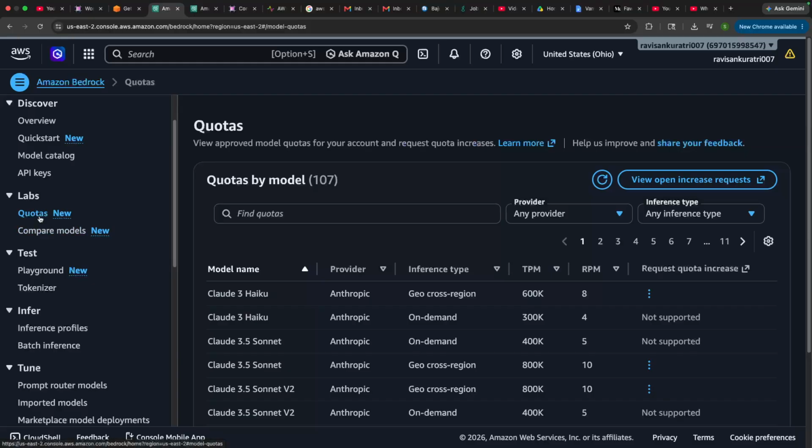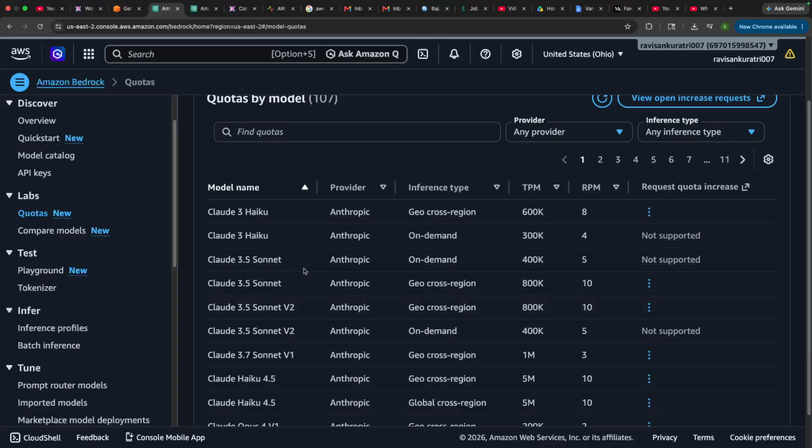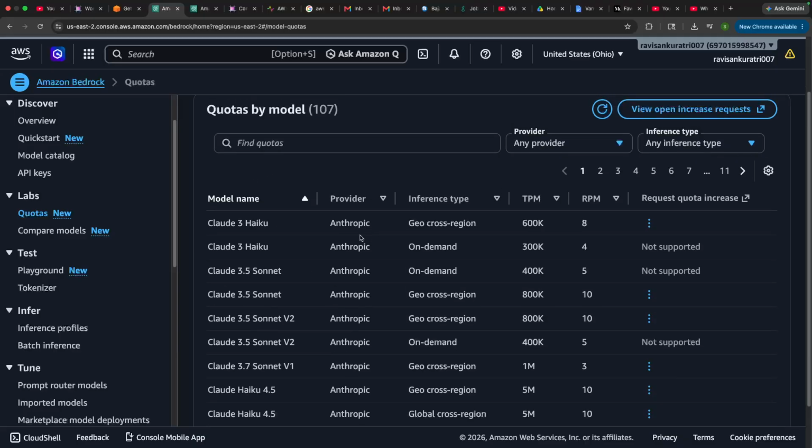In labs, you can mainly look at the quotas provided to your Amazon account. This is how it looks. Especially the TPM and RPM are really important. TPM is tokens per minute, the throughput: the number of input plus output tokens in a given minute, and RPM is requests per minute.